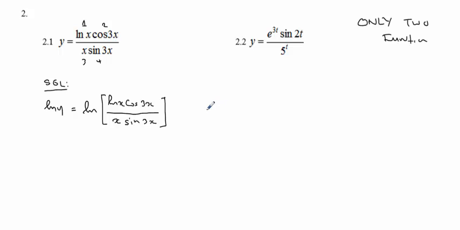Let's take y equals ln x cosine 2x over x squared plus 2x, multiplied by, let's say, 3 to the power sine x.